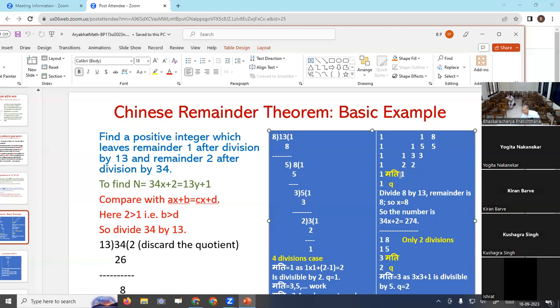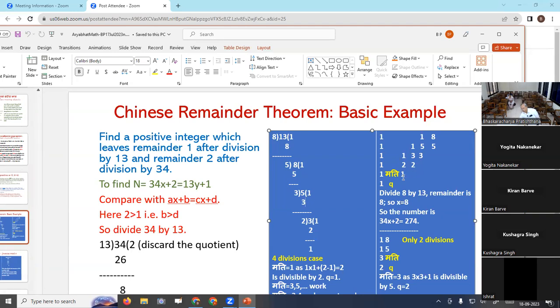Then below that, I am writing this Mati. And this 1 is now of no use, we have already used it. So now we have 2 and 1. Instead of these three numbers, I am getting two numbers, 2 and 1. And after that, this 1 you should keep here. So this is a new triple, 1, 2, 1.